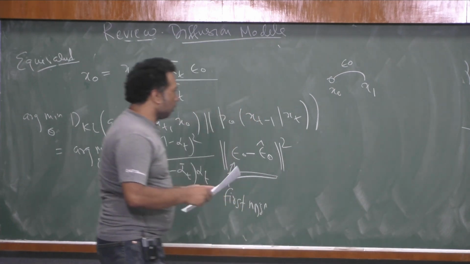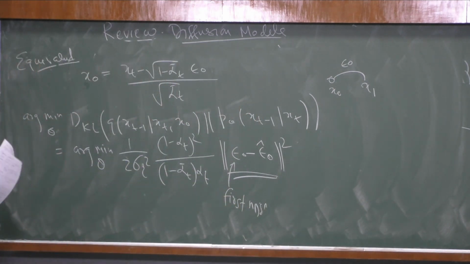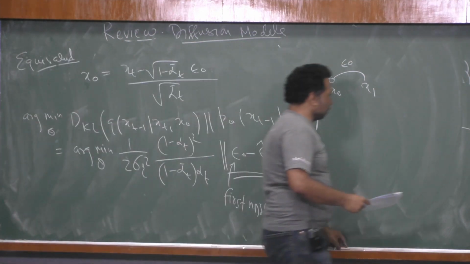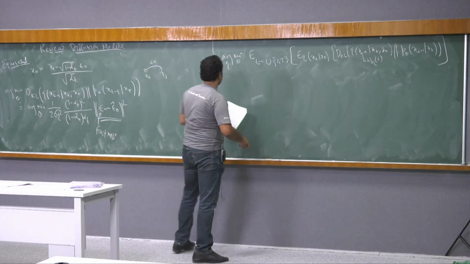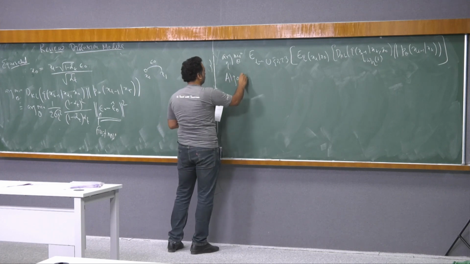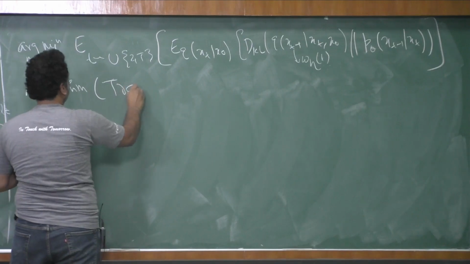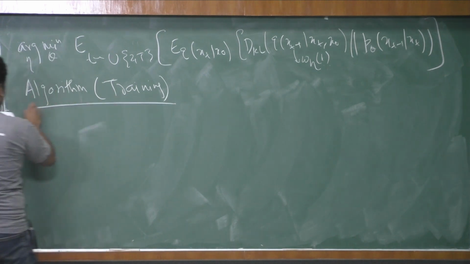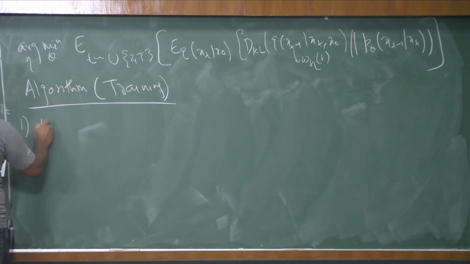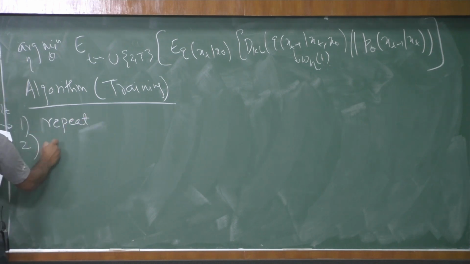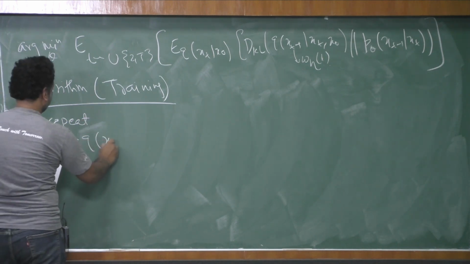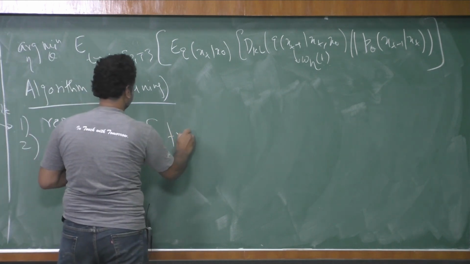So what exactly is an algorithm for the diffusion model? I think I've written it somewhere. So let us write an algorithm for training. This is the variational diffusion model. The first step is that you repeat the following steps as a loop, and then you sample x0, which are the true images.